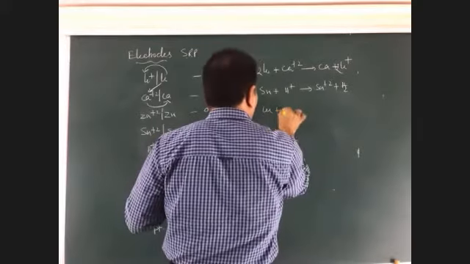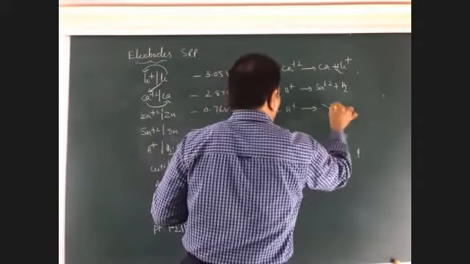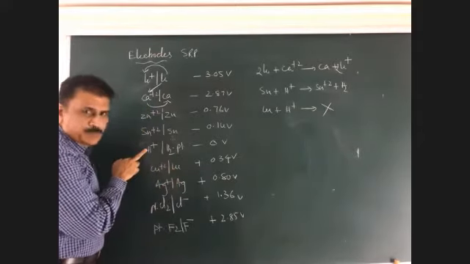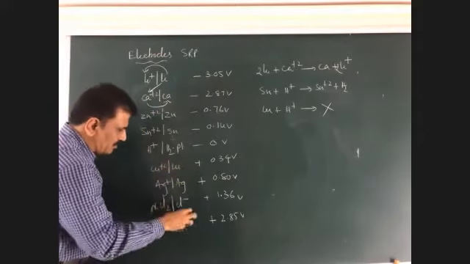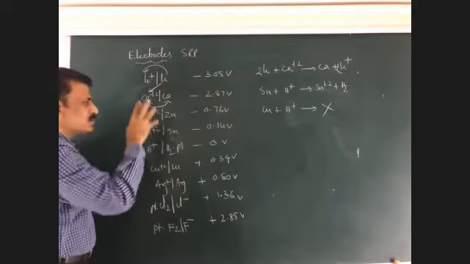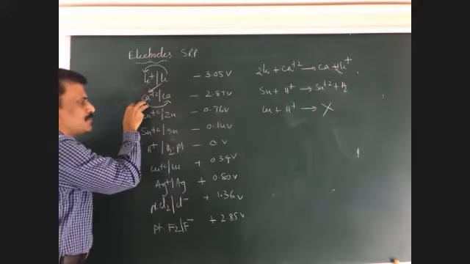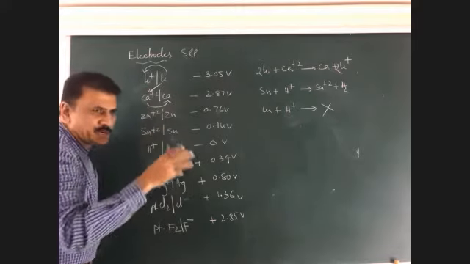But copper plus H+, no reaction. Not only copper, silver also has no reaction with H+. These elements do not react with these. So, simple point: the right side species reduces the bottom left side species. So that is to be understood.